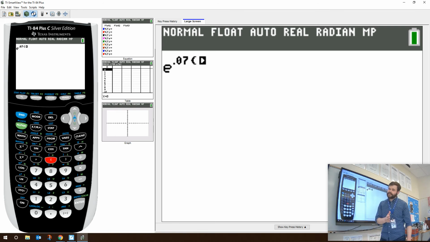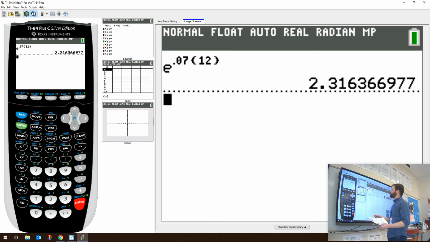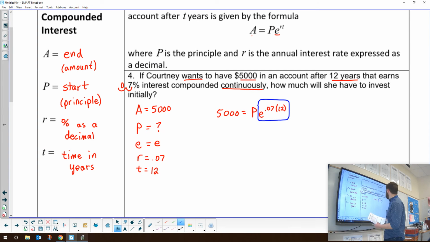Remember, don't make the mistake I made in part 1 and just say 0.7. No, it's 0.07, times 12. And so that gives me 2.31. We're just going to leave this in my calculator, and I'm just going to have principal times the answer that's in my calculator equals 5,000.